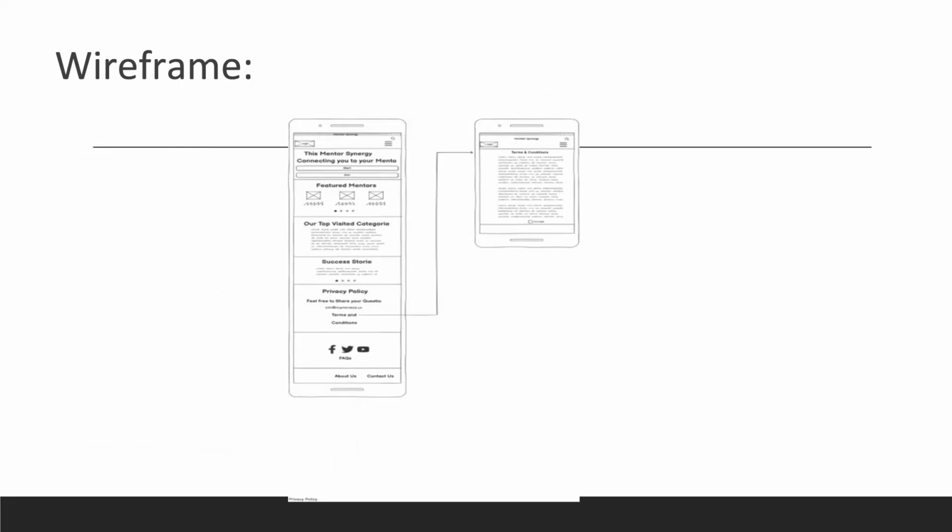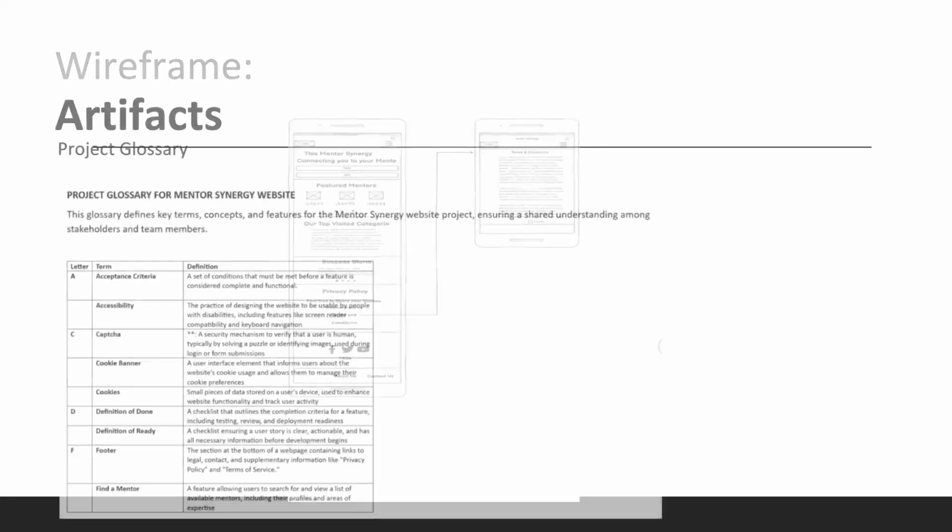The first wireframe shows the mobile homepage for the mobile device, and then down there is the terms and condition. When you click on the link for the terms and condition, it takes you to the terms and condition page, which is highlighted here in the next wireframe on the right.